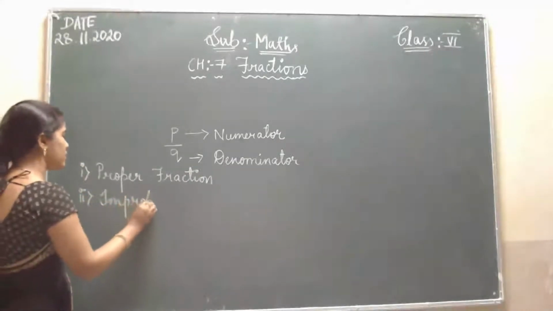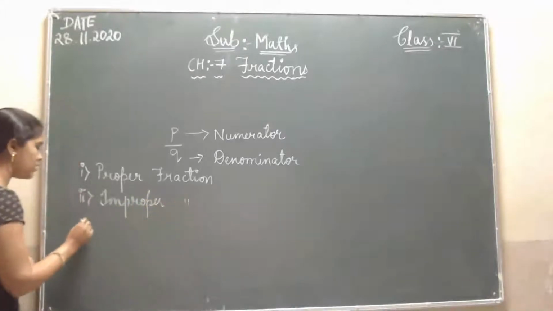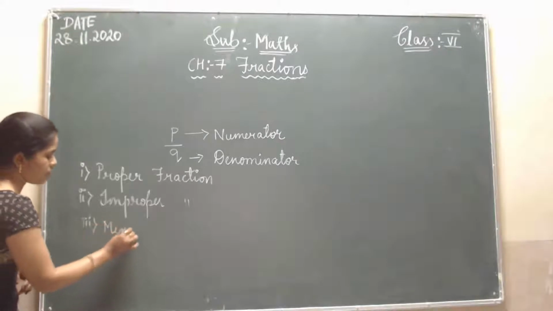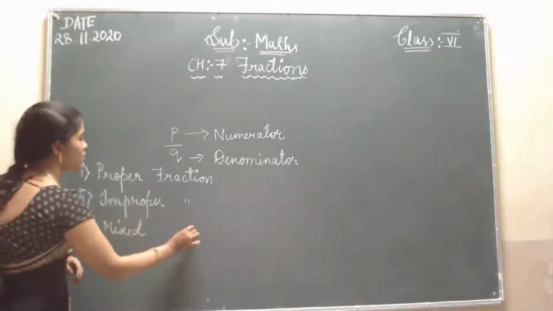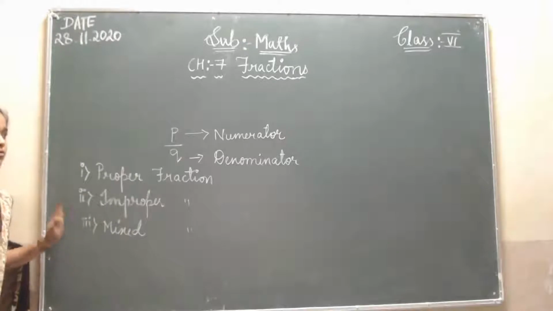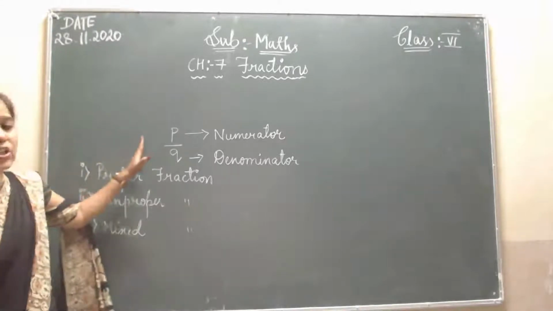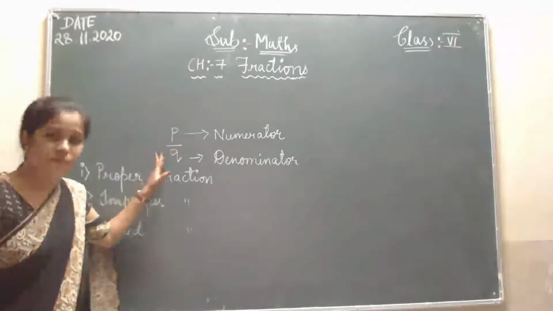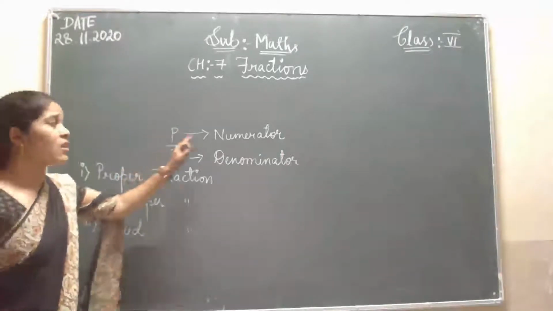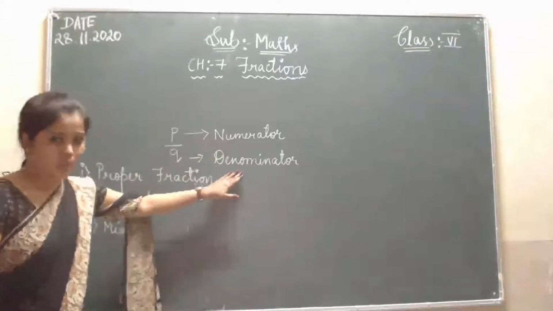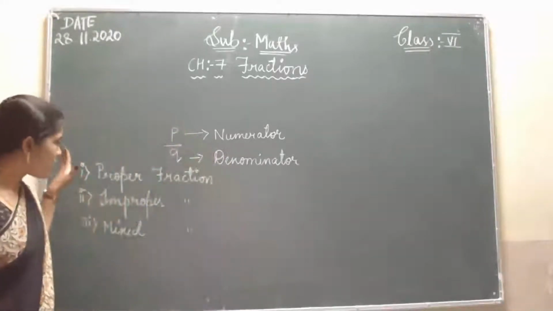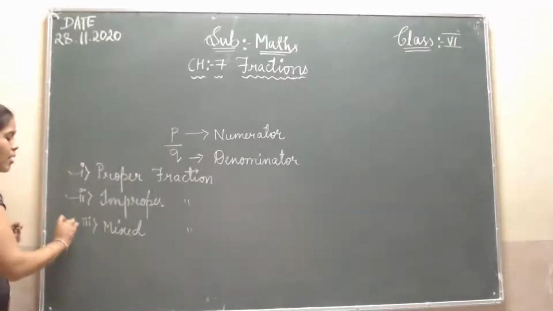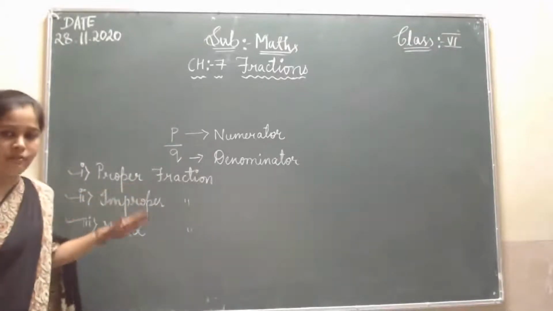What is a fraction? A part of a whole is nothing but a fraction. A fraction is of the form P by Q. A fraction contains a numerator and a denominator. Let's see them one by one.